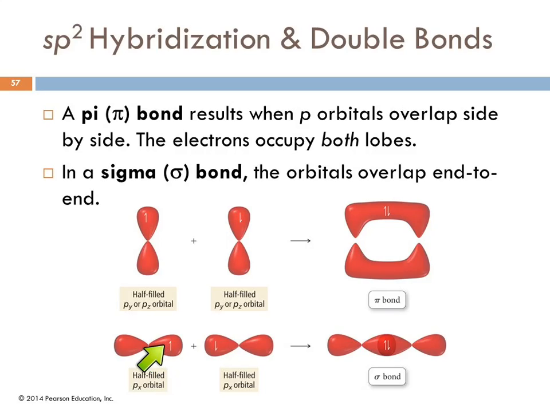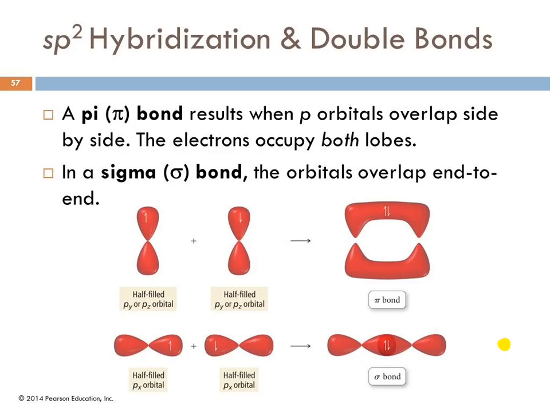If we have orbitals with lobes, these could be p orbitals, they could be sp3, sp2, any lobe-shaped orbital that overlaps at the end, that's called a sigma bond. So let's imagine that this is the axis of the bond. We're looking from this nucleus to that nucleus.